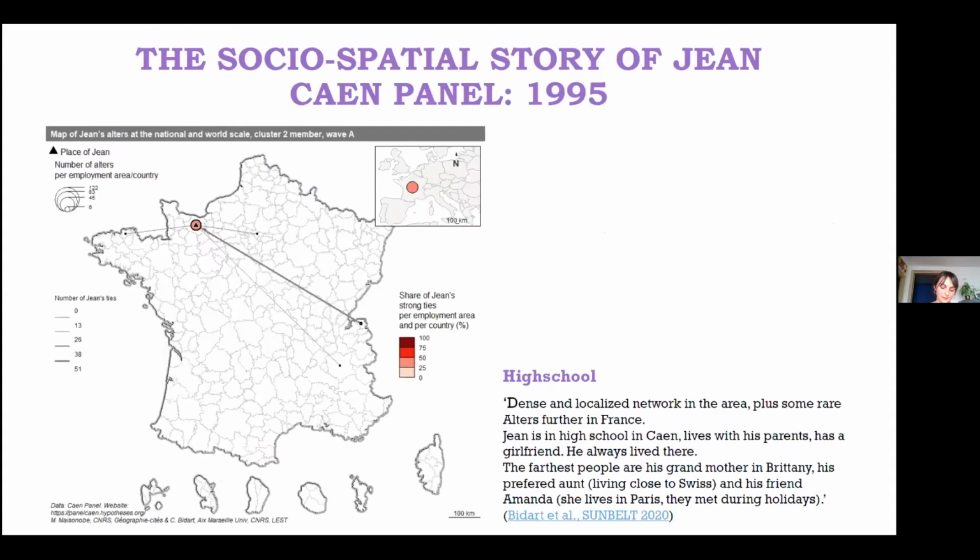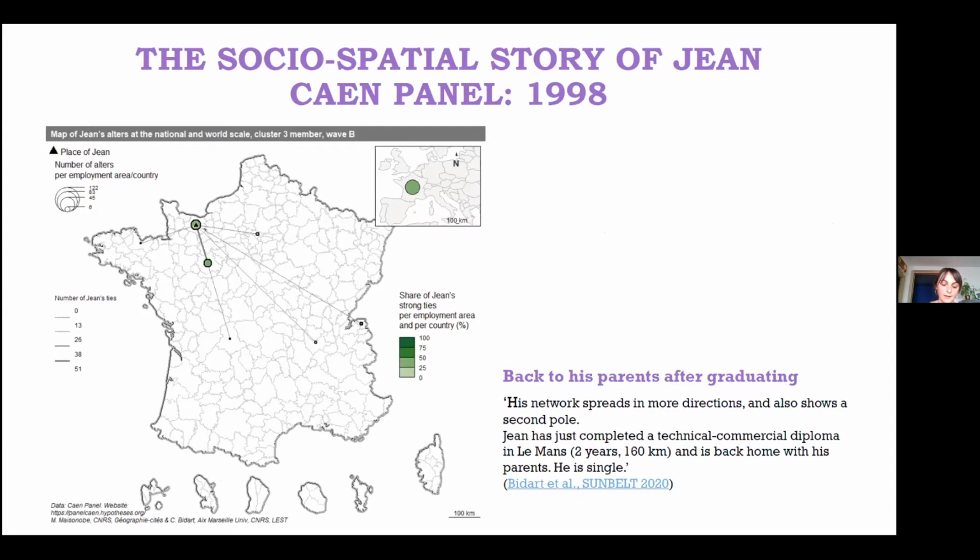So here is what it looks like in the case of Jean's personal network. Here is a map of Jean's personal relationships when he is in high school in Caen. And here it's when he's back at his parents' in Caen after graduating in Le Mans, the second node in terms of size, since the size here is proportional to the number of alters in Jean's network.